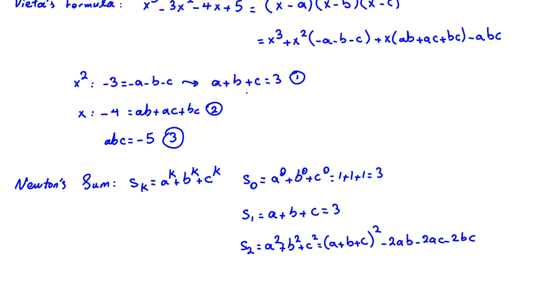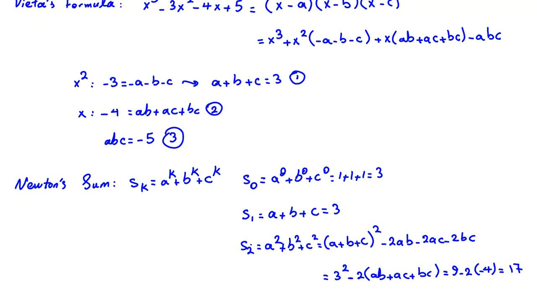You should memorize it. a plus b plus c here is 3, so it is 3 squared, 9, minus 2 times (ab plus ac plus bc), which is negative 4. So it will be 9 minus 2 times negative 4. Negative 2 times negative 4 is 8, and 9 plus 8 is 17. So we found S0, S1, S2.